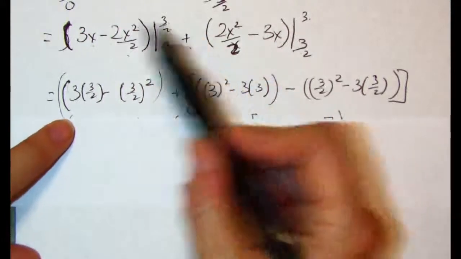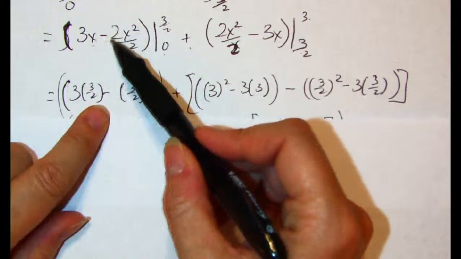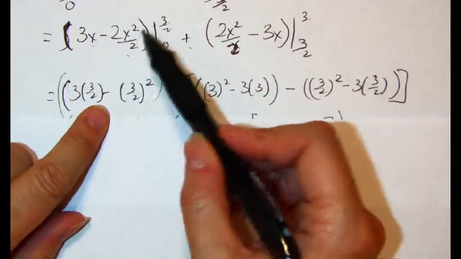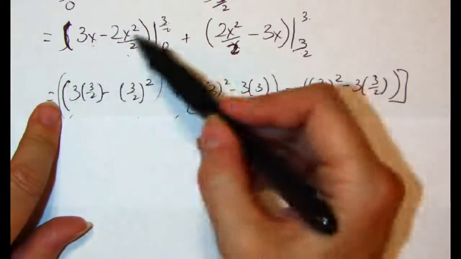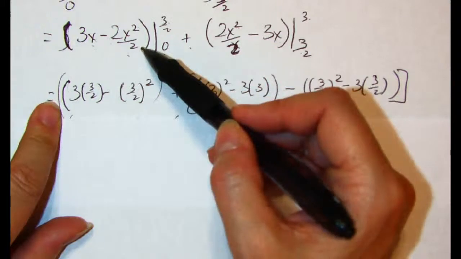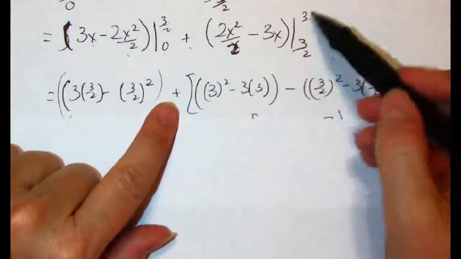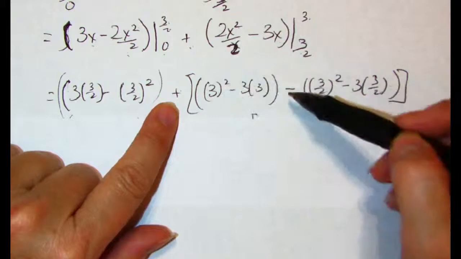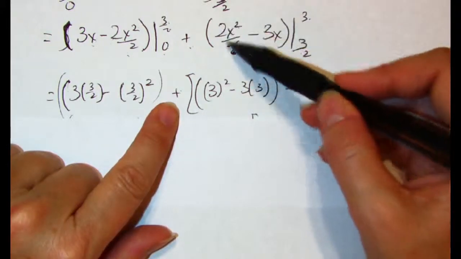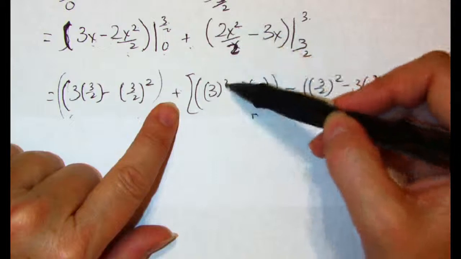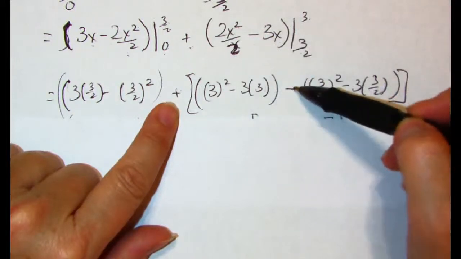So let's put in 3/2 for x, and I notice that the 2's cancel out, so it's just 3/2 squared. I scoop that up because I know that the 0 is going to make all that go to 0. Here's this plus sign. Now I don't have 0 here, so I need to have 2 of these with subtraction in the middle. So first I'm going to put 3 in for x, but again these 2's are going to cancel, so it's really just 3 squared minus 3 times 3, in parentheses.